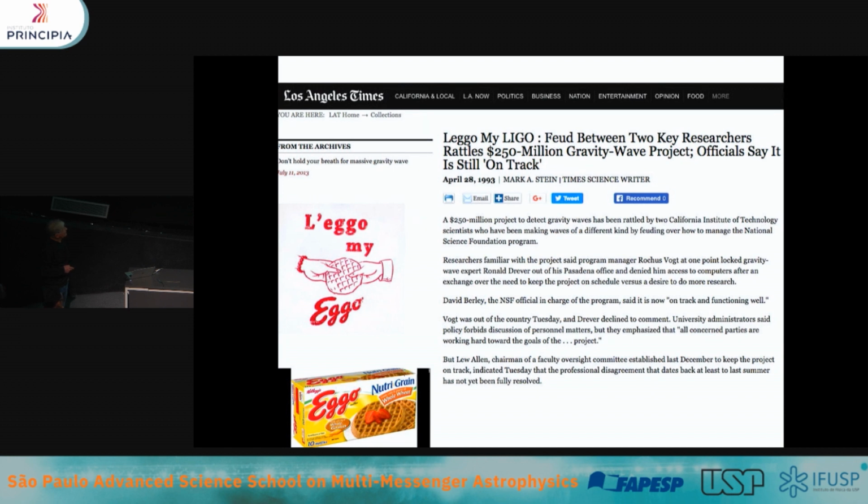And so NSF intervened and essentially put in charge someone from outside. That was Barry Barish, who was actually engaged previously in another big experiment, the Superconducting Super Collider, that Reagan killed in the early 90s. And so he had expertise to lead an experiment of this scale.